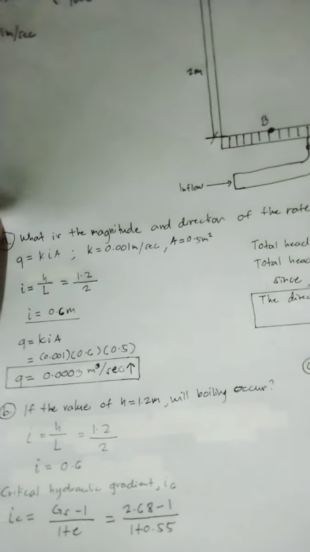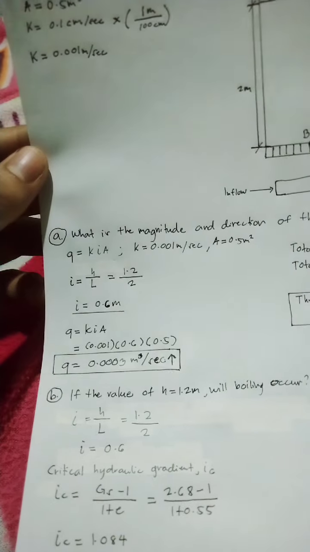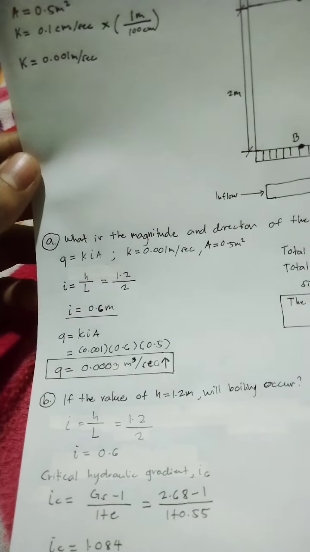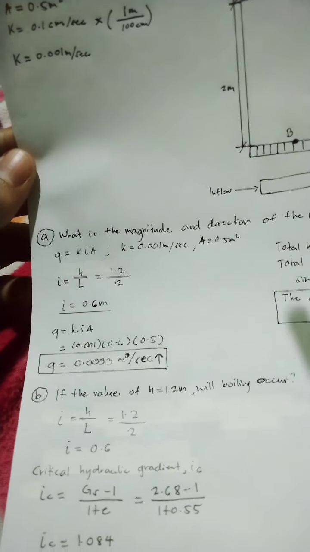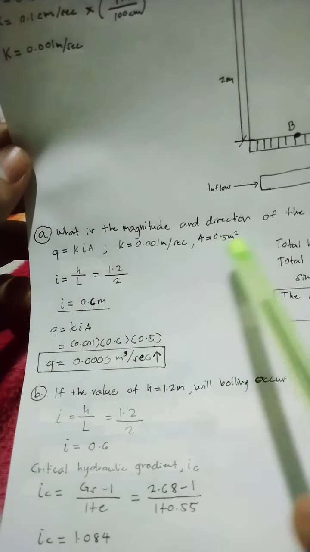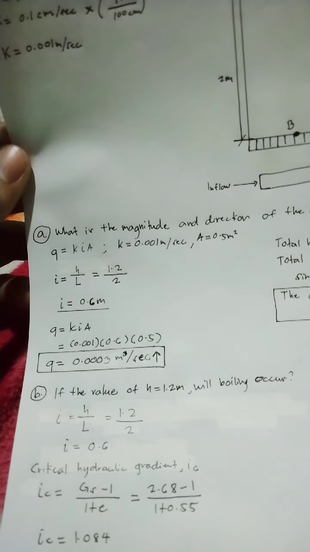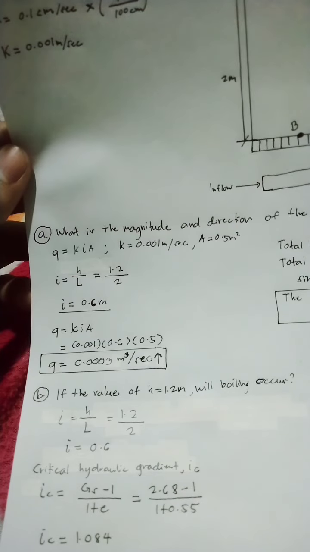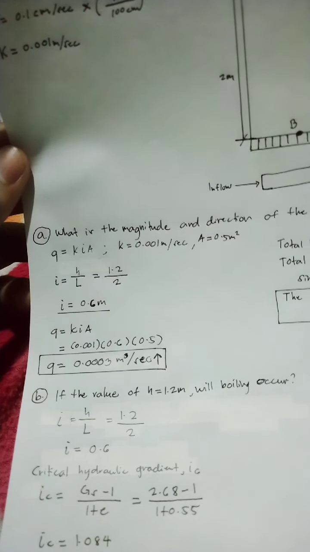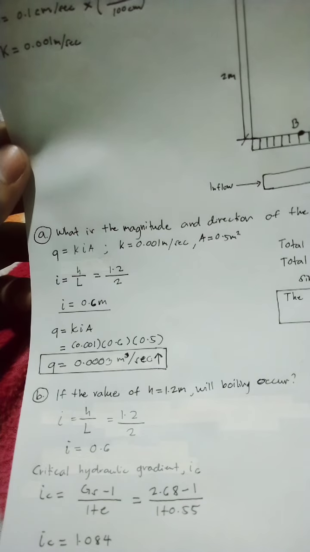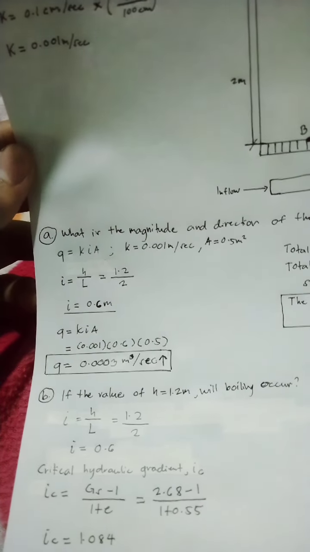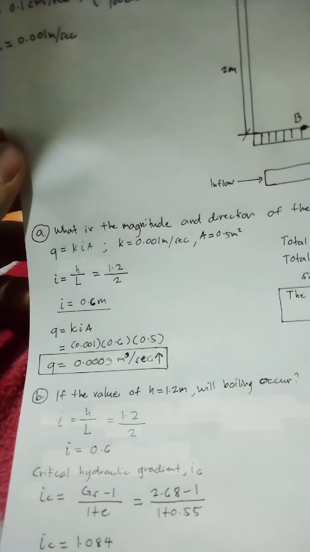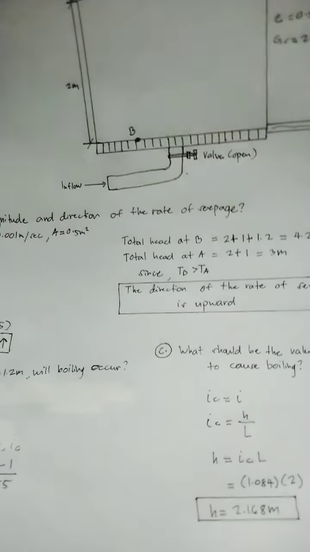Now, since the values needed to get the seepage are complete, simply substitute: the hydraulic conductivity 0.001 times 0.6 times 0.5. We find that the magnitude of the rate of seepage is equal to 0.003 meter cube per second.